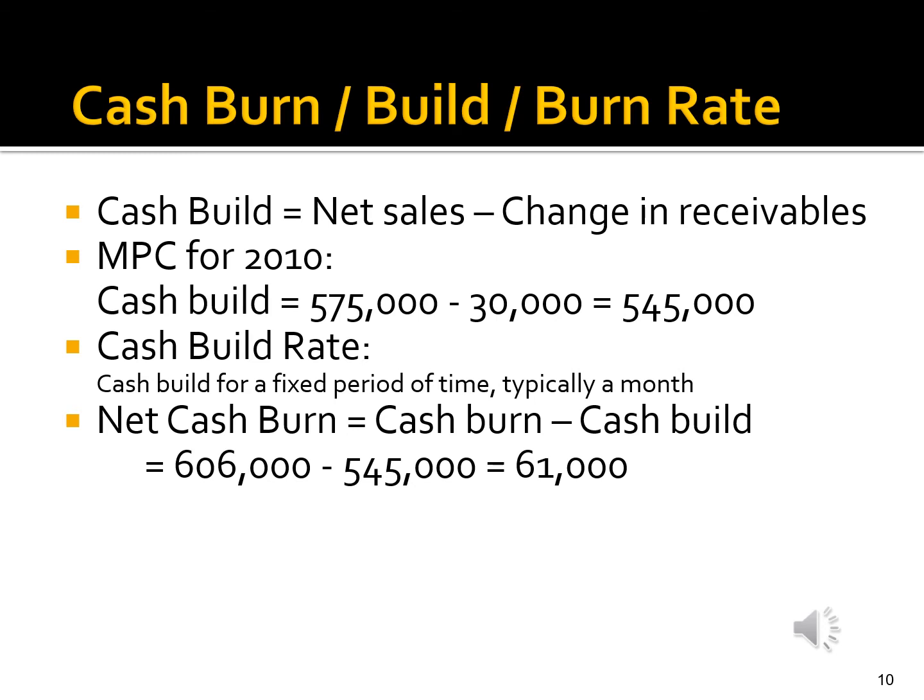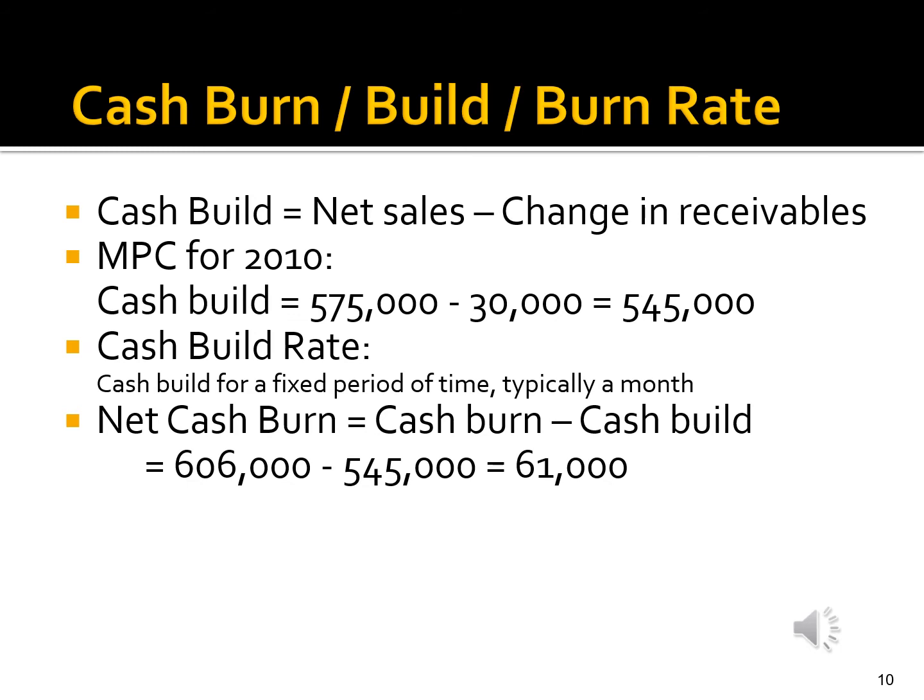How about cash build rate? Cash build rate is the cash build for a fixed period of time, like a month. So how much cash the venture is able to generate for a month, for example.